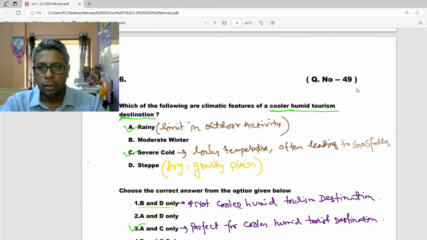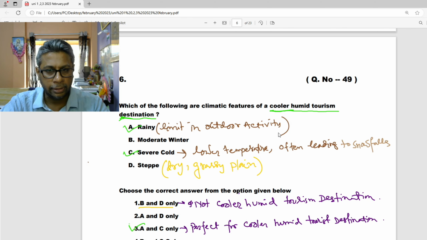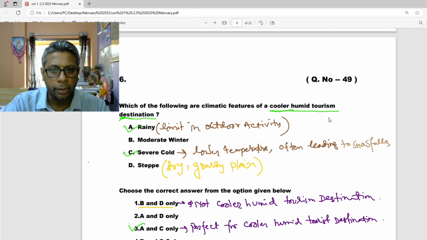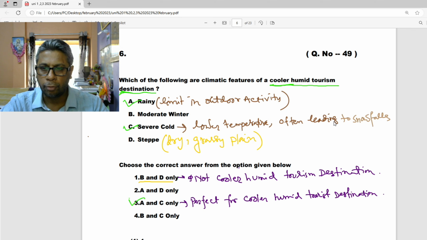Next question, question number 49. Which of the following are climate features of a cooler, humid tourism destination? Number one, rainy, limiting outdoor activities. These are features of a cooler, humid tourism destination. Number two, severe cold, the lower temperature often leading to snowfall.